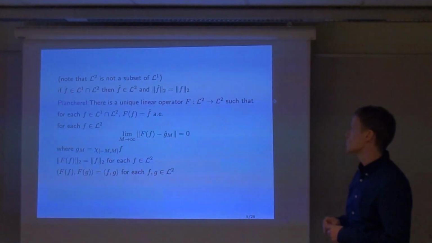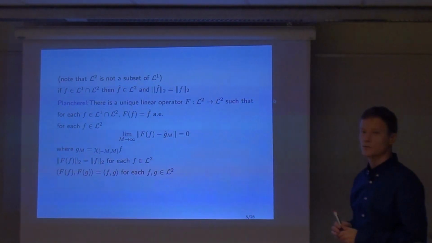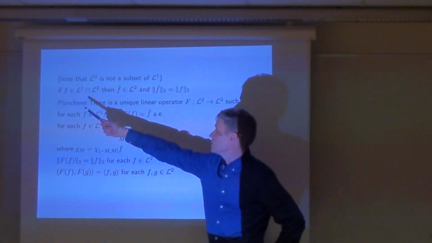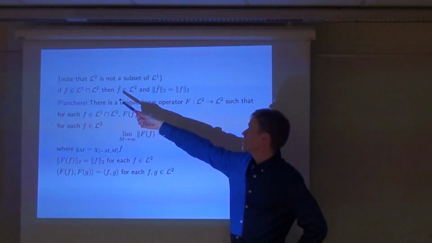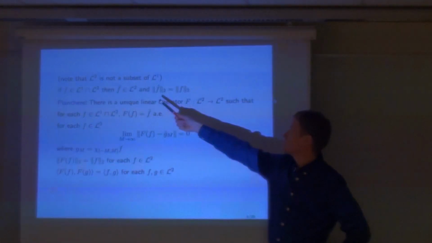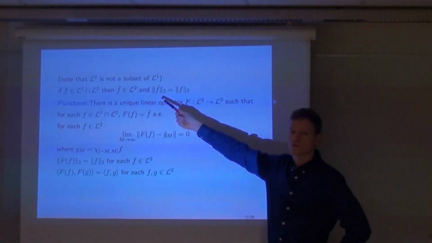Okay, how about L2 then? So L2 is not a subset of L1, so usually you say f both in L1 and L2. If f is both in L1 and L2, then f hat will be in L2, and the 2 norm of f will be the same as the 2 norm of its Fourier transform.